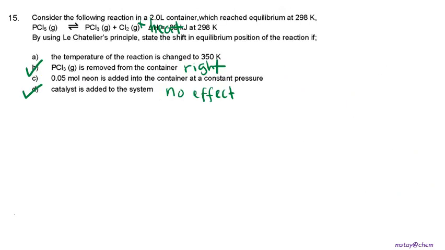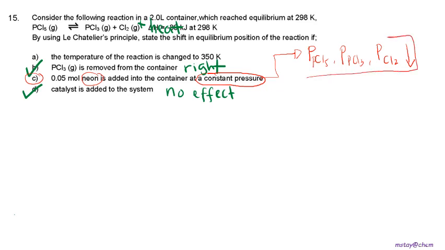Now let's continue with question C, which is related with adding the inert gas. But this time we are going to add the inert gas at constant pressure. In other words, the action done by you, adding the neon gas, basically causes the partial pressure of PCl5, partial pressure of PCl3, and partial pressure of Cl2 gas to be reduced.